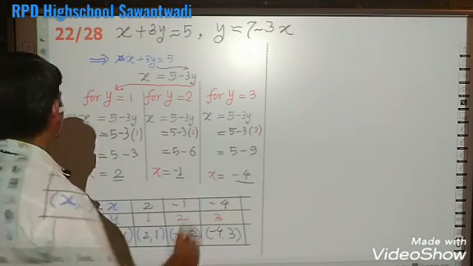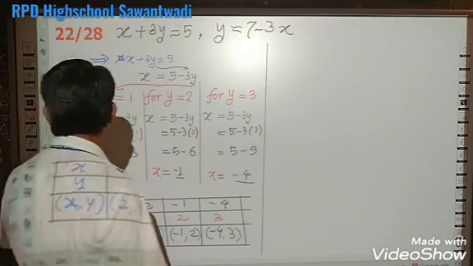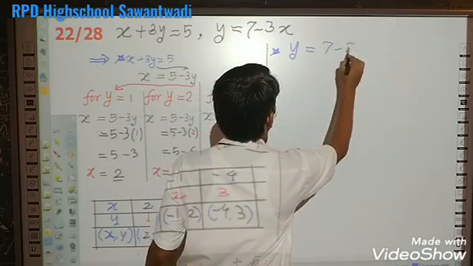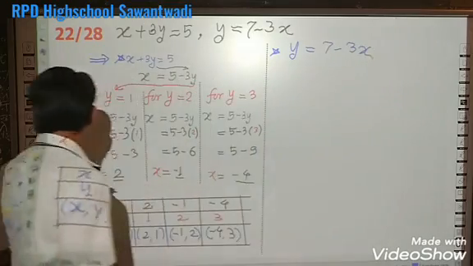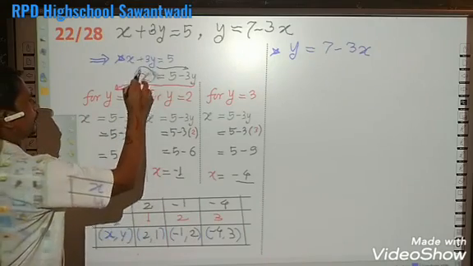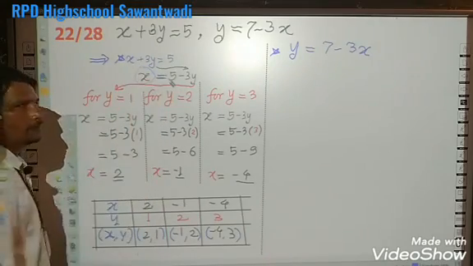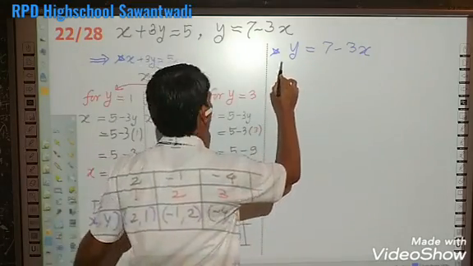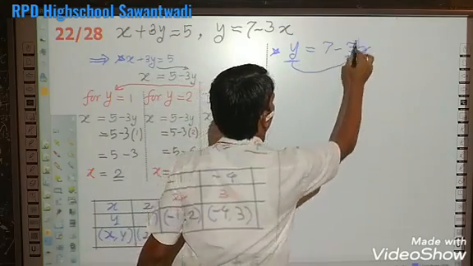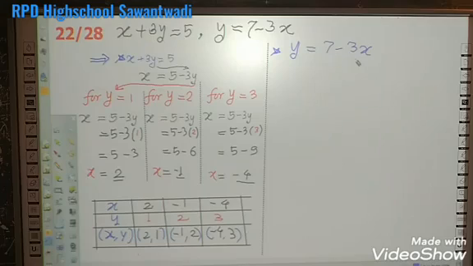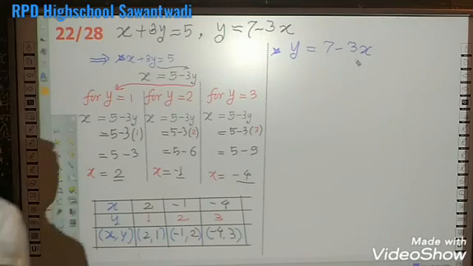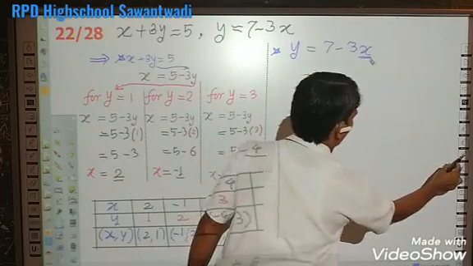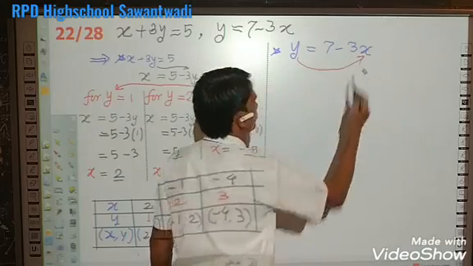What will we do now? Let us take the second equation here. What is the second equation? It is y is equal to 7 minus 3x. As it was done here, get the equation in x is equal to format or y is equal to format. If you see this, here we get it directly in the format of y is equal to. So you can select a value of x easily because I have the equation in the format y is equal to.